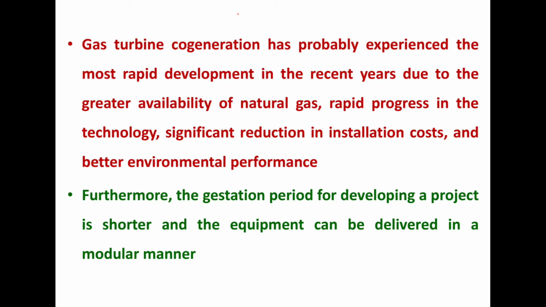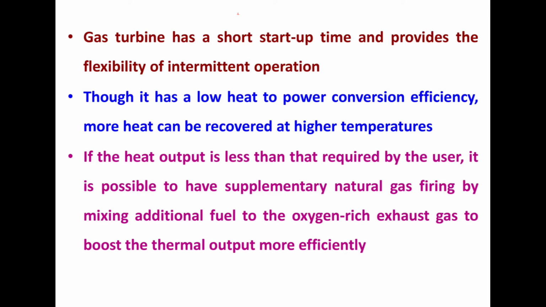Furthermore, the gestation period for developing a project is shorter, and the equipment can be delivered in a modular manner. Gas turbine has a short start-up time and provides the flexibility of intermittent operation, though it has a low heat to power conversion efficiency. More heat can be recovered at high temperatures.